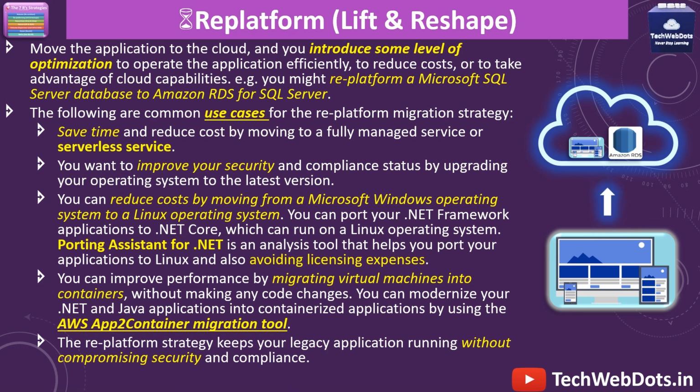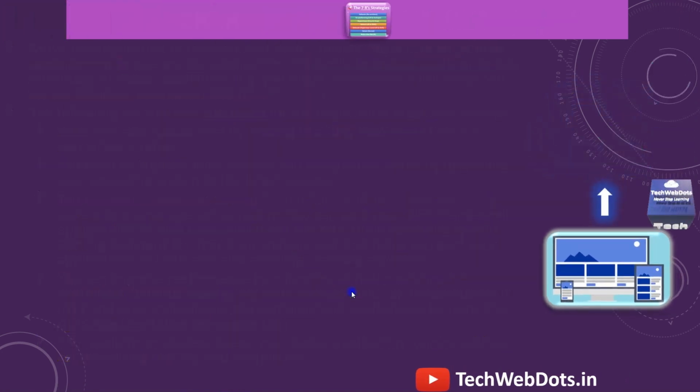For example, you can use the AWS App2Container migration tool that will give you all the steps required to move your application into a container, right? And as the picture is showing, you can segregate your application and your DB, but all are on the cloud side. So the replatform strategy keeps your legacy application running without compromising security and compliance.